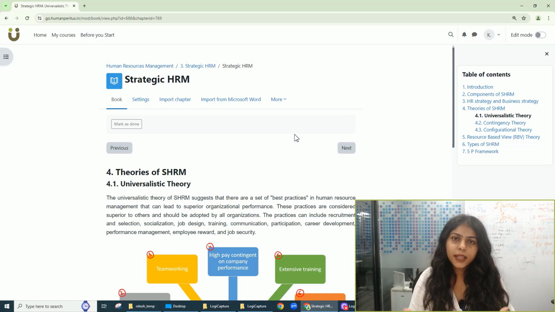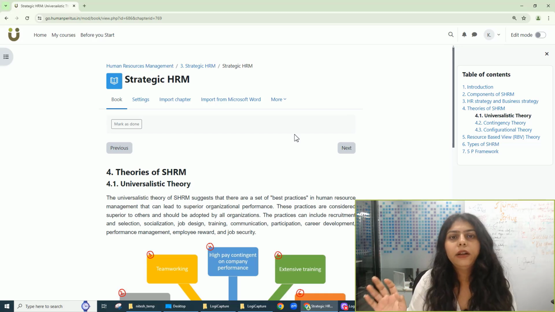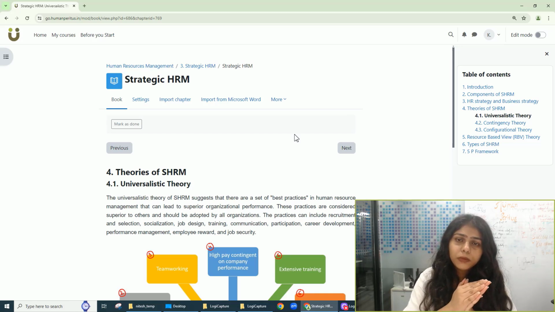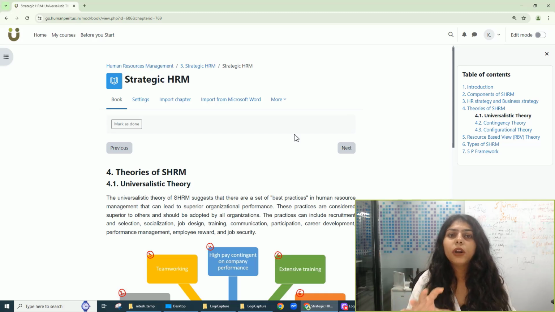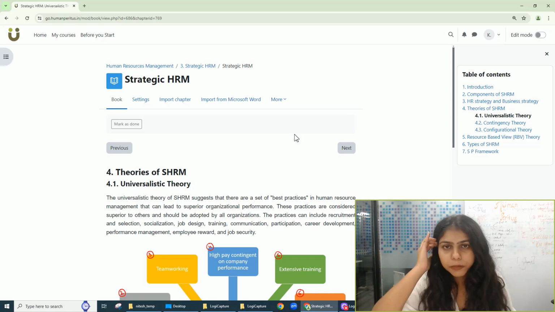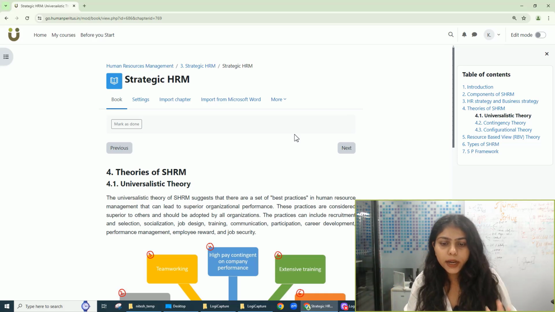And it says that these best practices can be applied or implemented in any industry. The industry does not matter, but there are certain set practices that should be implemented in a company in order to be successful or gain the strategic goal of the company. So that is what it says.